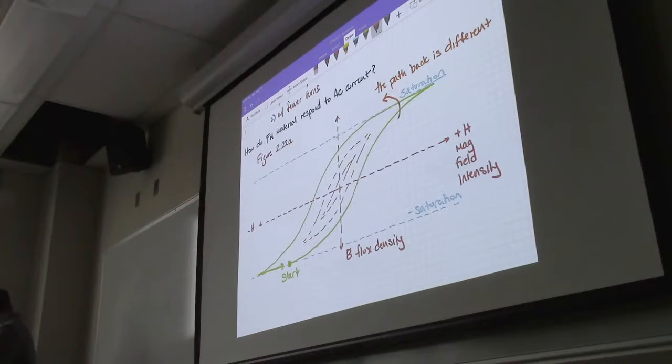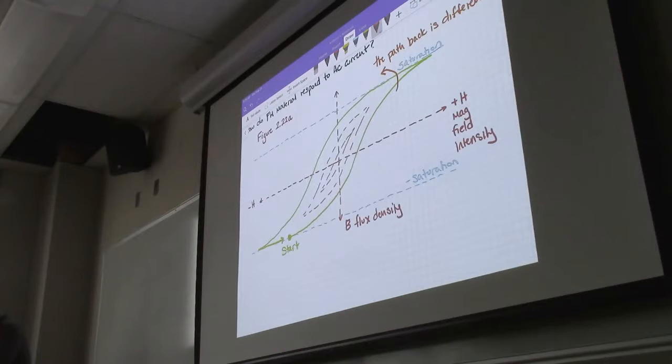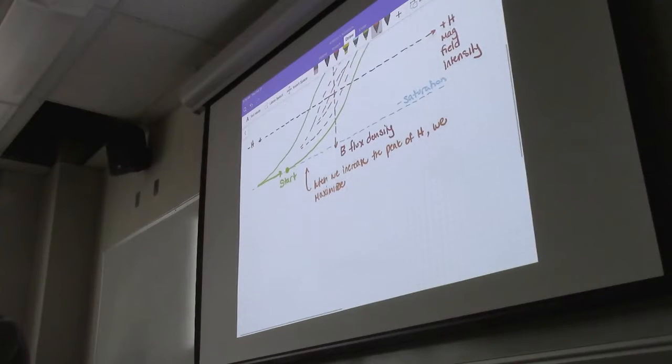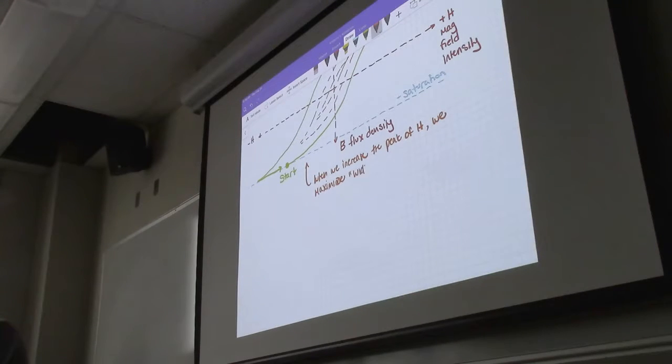Okay, and so when we increase the maximum or the peak of the magnetic field, I think I spelled that wrong, but I'm going to leave it.